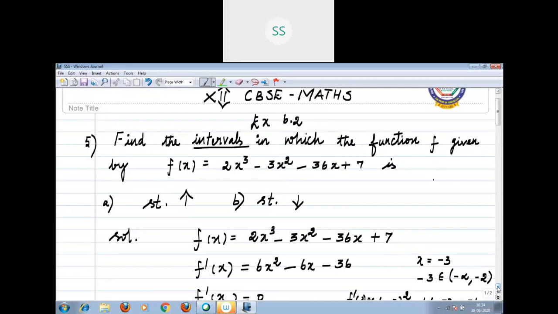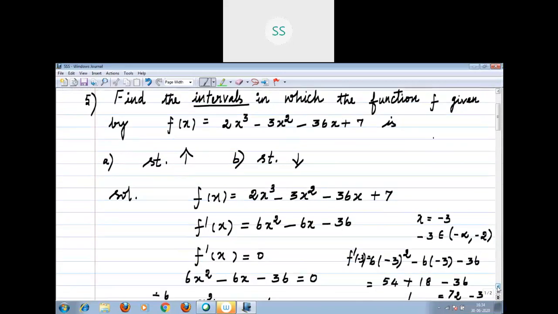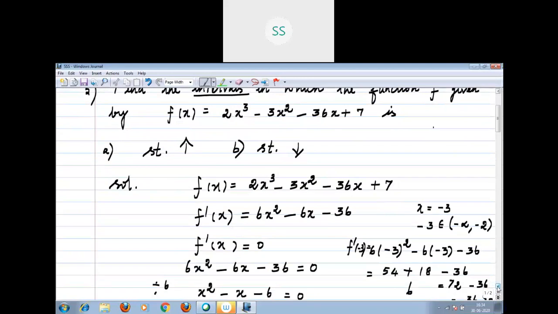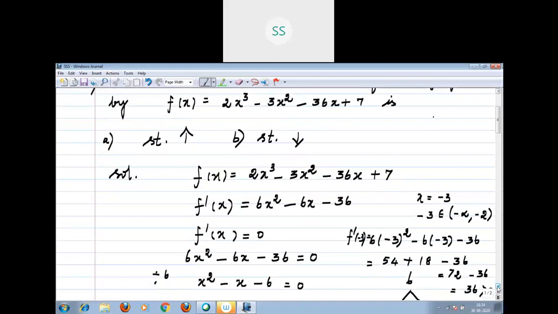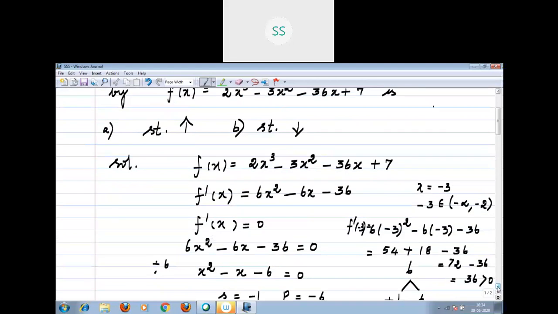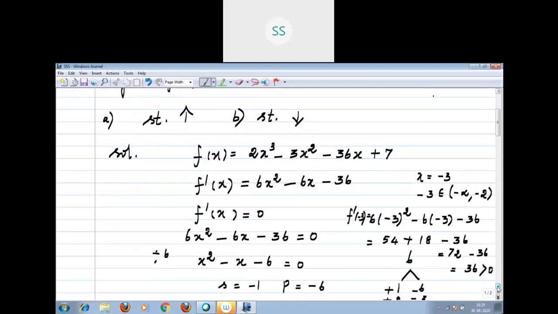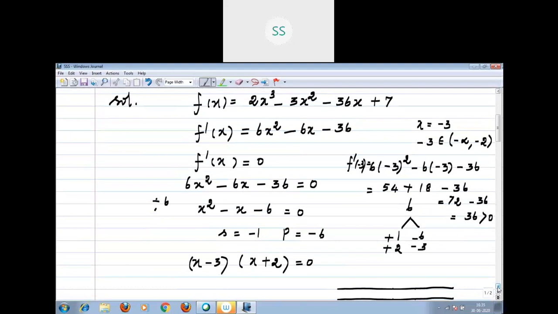To find the interval, you equate the derivative with 0. Here everything is a multiple of 6, so I divided by 6. When you equate with 0, it is possible to divide by 6. Now x square minus x minus 6. Sum equal to minus 1, product equal to minus 6.